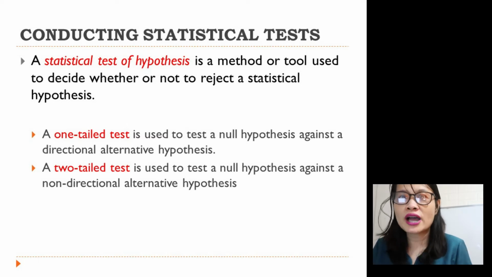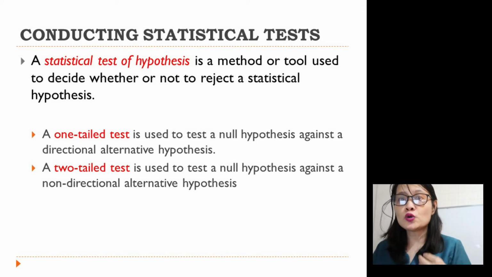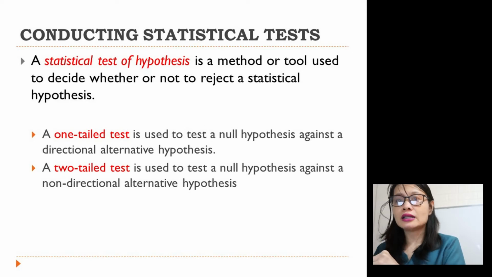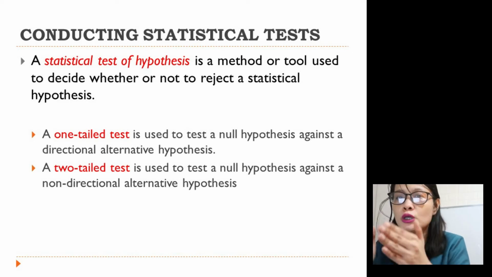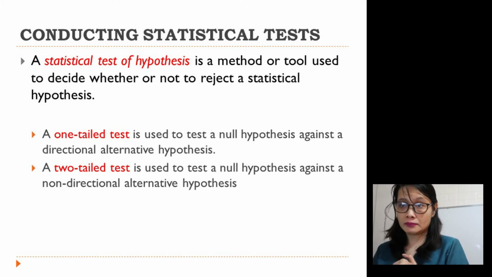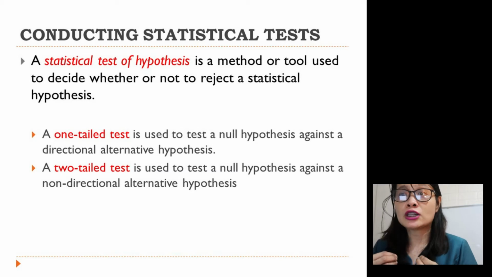Okay? Ano ba yung quantifier ng non-directional? The quantifier of non-directional is not equal. Yun yung symbol nun, not equal. Kapag not equal yung HA, so we will be using two-tailed test. Kapag yung HA daw ay greater than or less than, and that is directional, we will be using one-tailed test. Okay, so dalawang test lang yan, one-tailed or two-tailed. So to distinguish whether it's one-tailed or two-tailed, it depends on your HA.